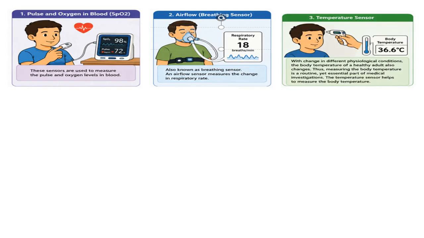Then the third sensor is the temperature sensor, which measures the body temperature, and it helps detect changes caused by illness, infection, inflammation, or other physiological conditions. Body temperature is an important vital sign used by healthcare professionals to assess a person's health status. Continuous temperature monitoring is especially useful for patients recovering from surgery, individuals with chronic illness, and people suffering from infectious diseases.